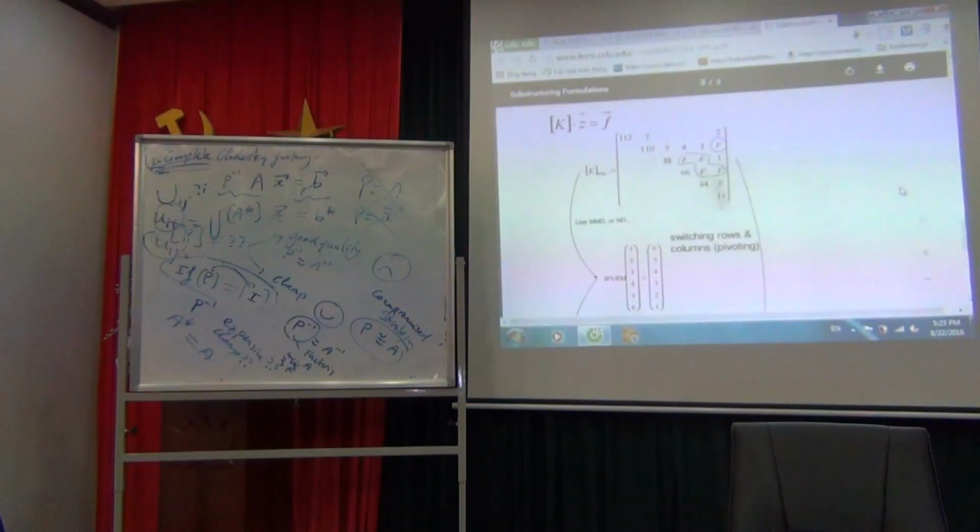Now remember, for 20 years, NASA Langley gave my group about $2.5 million US just to do Ax equal to b. Just to do Ax equal to b. Symmetrical, unsymmetrical, positive, negative, blah, blah, a lot of things.